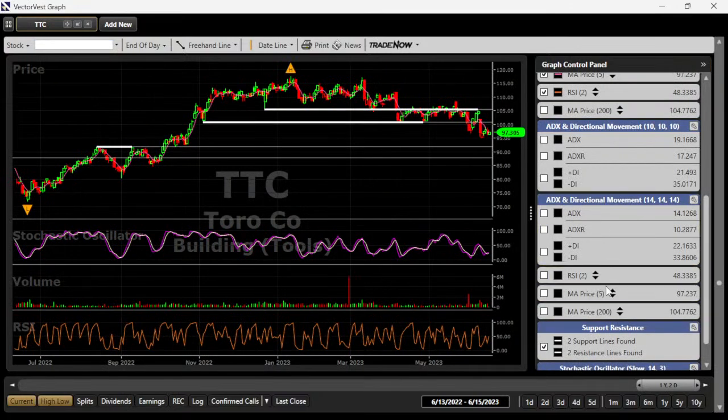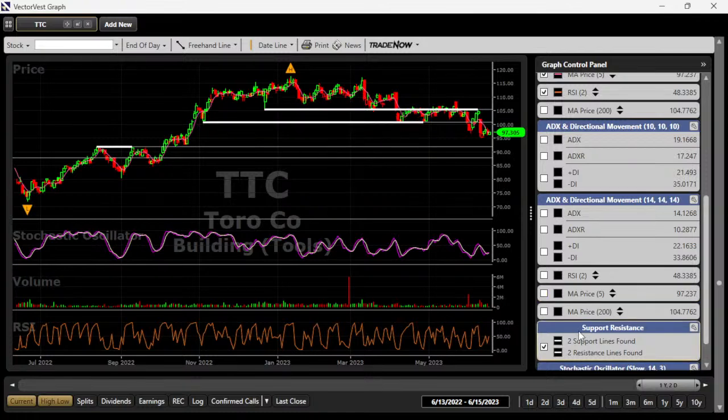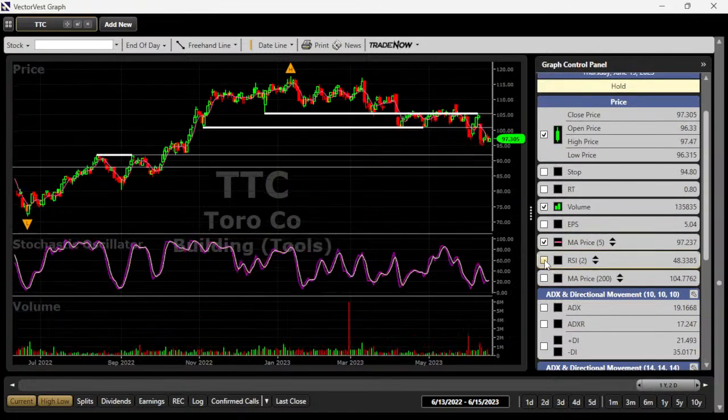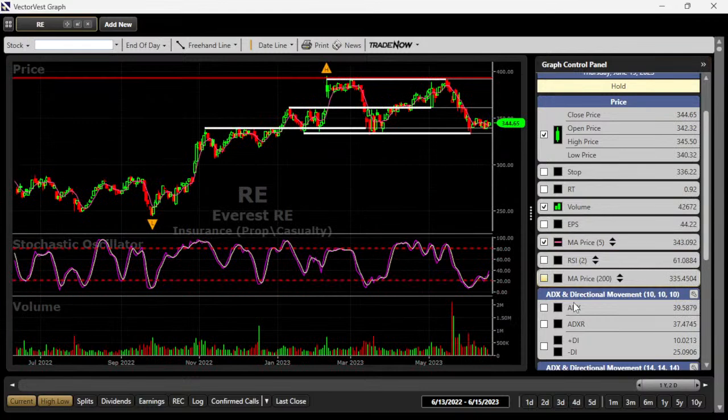Here's TTC. So it just recently broke down below support. Let me go take off the RSI too. Doesn't have anything to do with the technique. The price of the stock is below its 200-day moving average currently. I don't like that. By the way, if I put on RE, look at this.